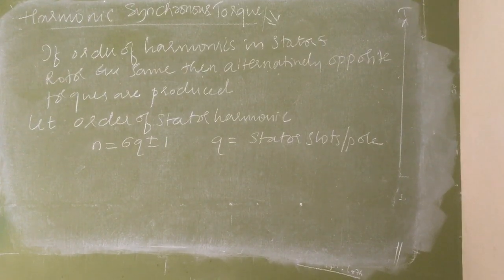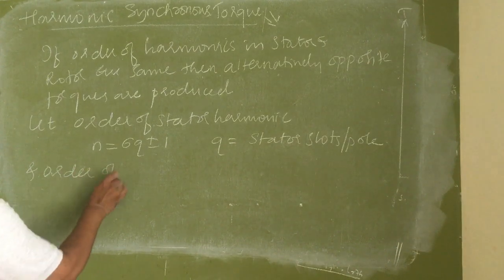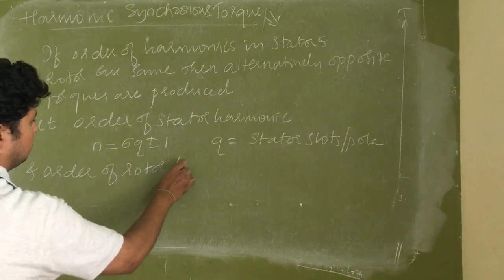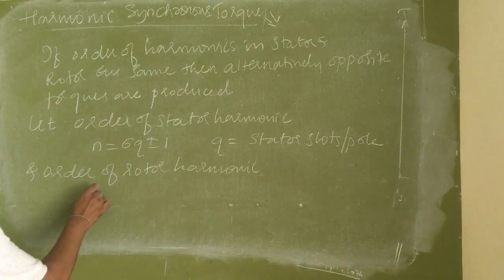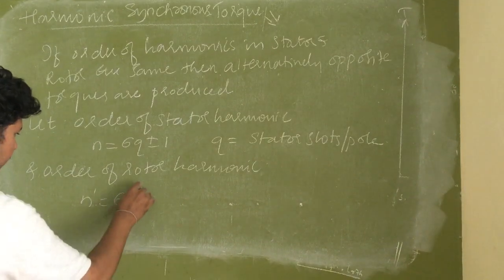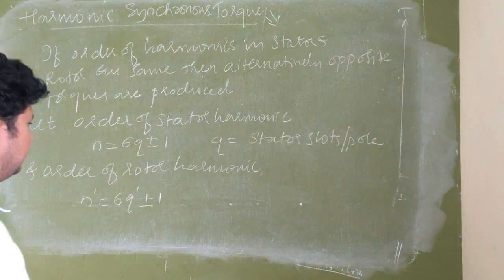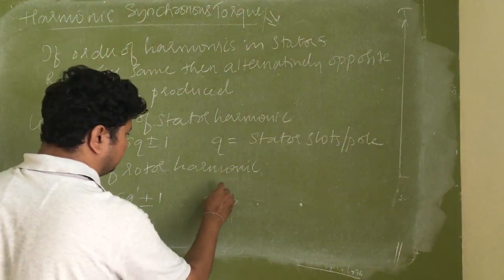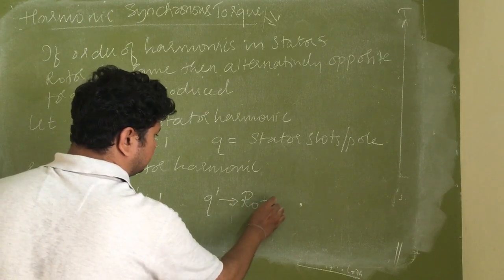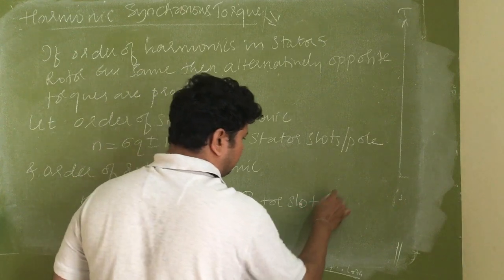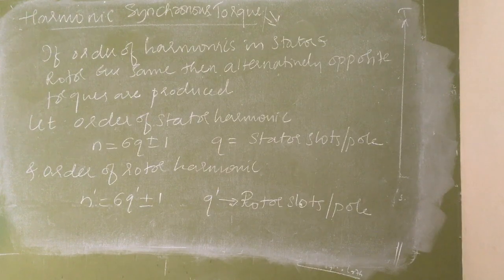And the order of rotor harmonics, let it be n dash equals 6q dash plus or minus 1, where q dash is rotor slots per pole.